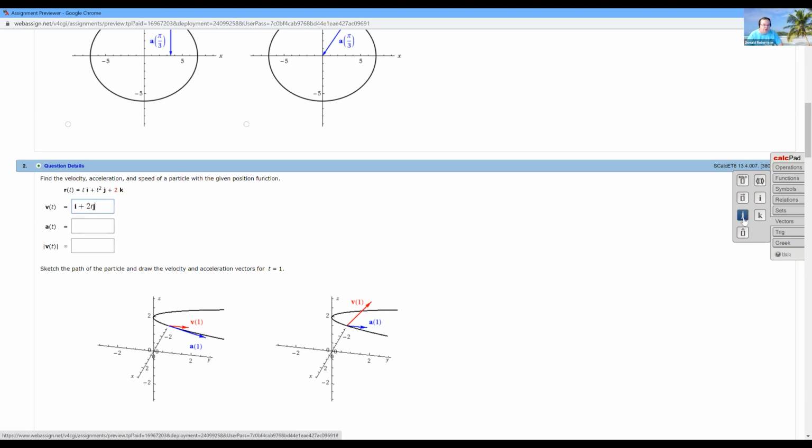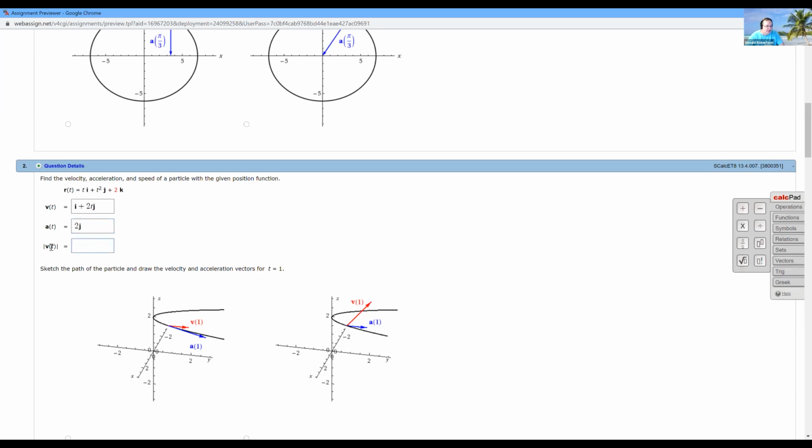And the third term, won't the third term be 0? Nobody writes 0, okay, so we're good. Now, if you move on to the acceleration, won't the i component get you 0? And the second component, when you differentiate it, just gets you 2. So you're now going to get 2j.